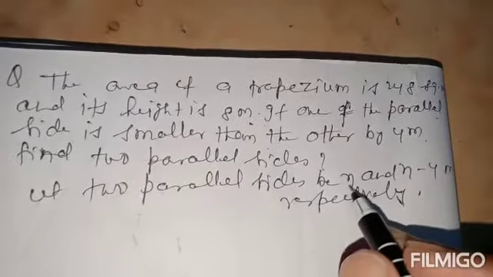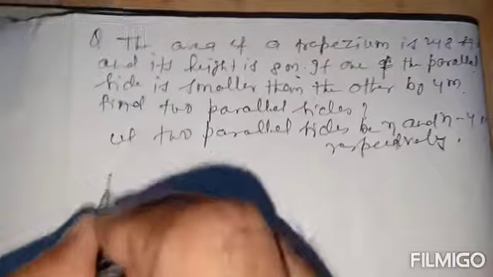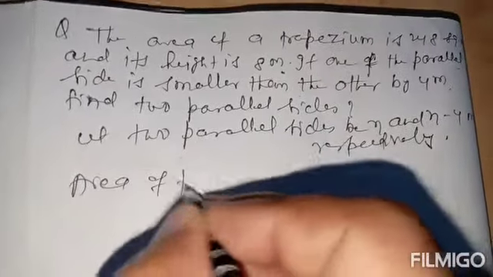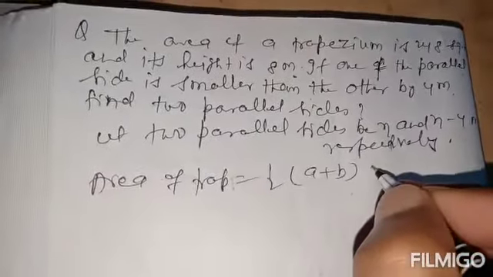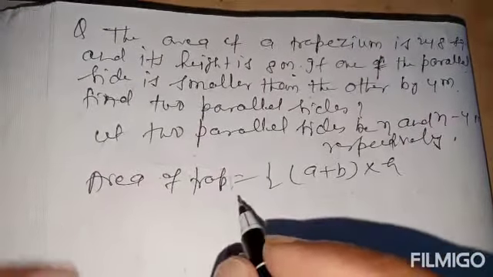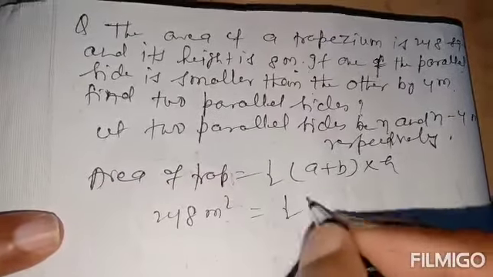If one parallel side is x, the other will be x minus 4. So here the area of the trapezium is equal to half into the sum of parallel sides, A plus B, into height, and the area is given as 248 meter square, which is equal to half.